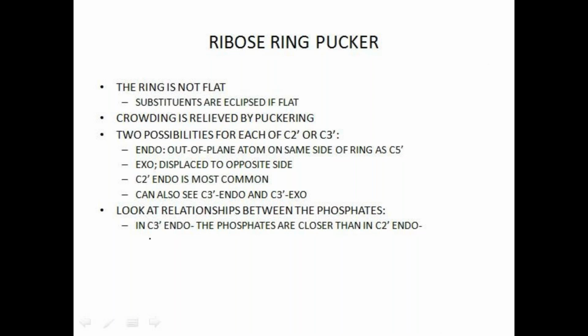In C3' endo, the phosphates are closer than in C2' endo. I will show these three-dimensional conformations in the next class. Don't worry about this, because we have to observe the structures; mainly three-dimensional structures are needed. I will show that. Okay.